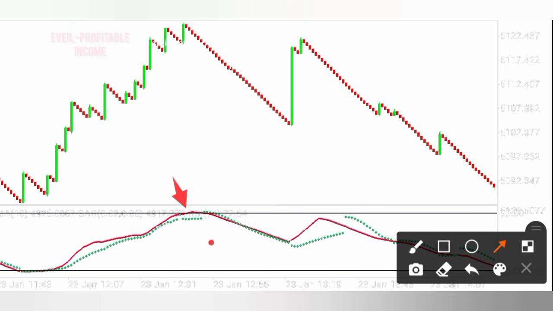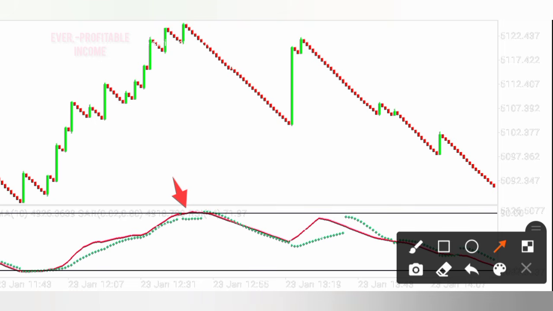Remember that the parabolic SAR was initially below the moving average, but when it got to the overbought level, it interchanged and changed its position to above the moving average. Can you see that? And right here you see the price crashing down. So this strategy is very easy and it's 99% accurate.